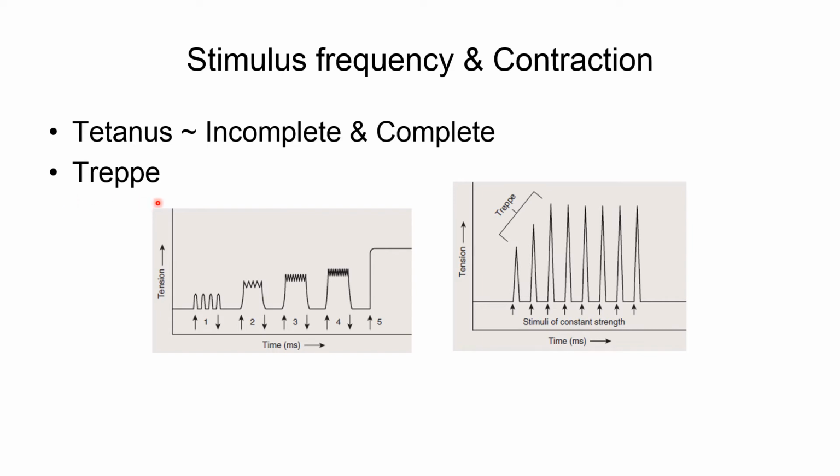Treppe is a condition in which, if we change the conditions of the muscle, then the force of contraction increases within the same muscle cell. We said a single muscle or a motor unit works in the all or none law, which means they produce the same force whenever they contract.